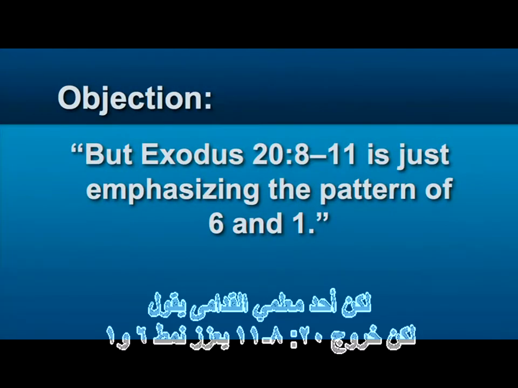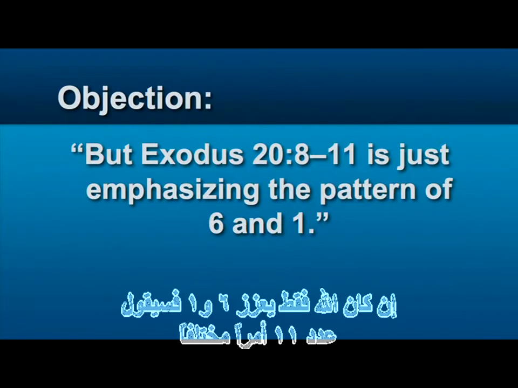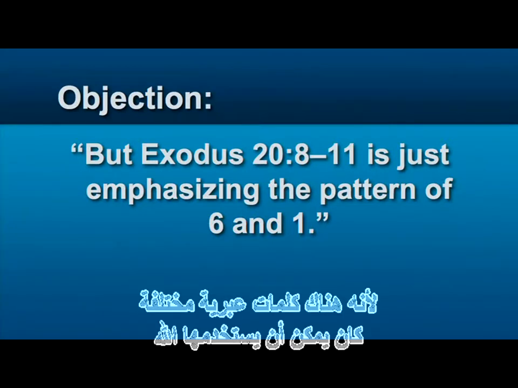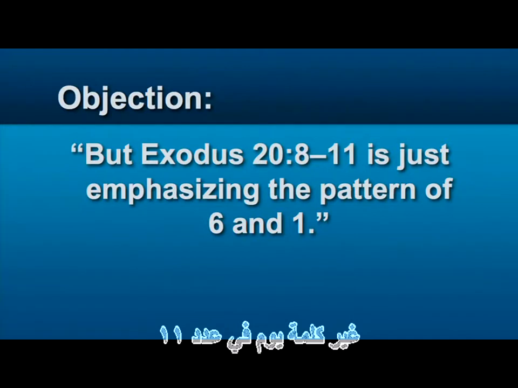But then one of my former professors says, well, Exodus 20 verses 8 to 11 is just emphasizing the pattern of 6 and 1. Now, if God were just emphasizing 6 and 1, that 11th verse would say something different. Because there are other Hebrew words that God could have used other than the word yom in verse 11.